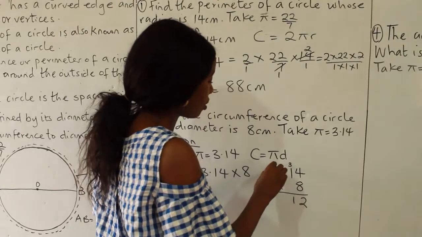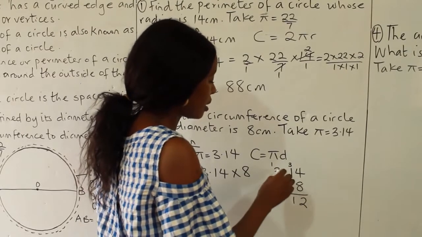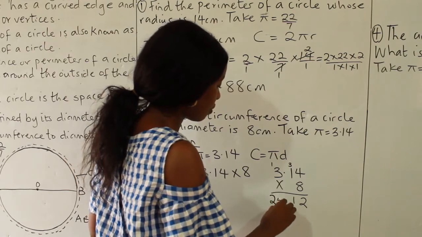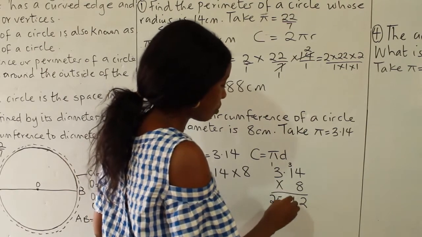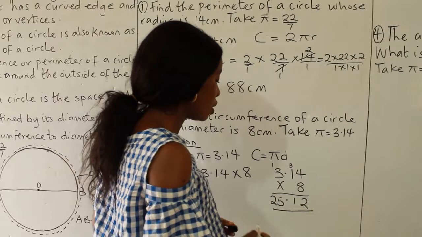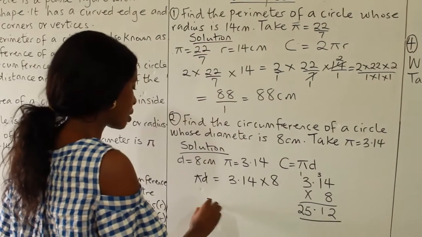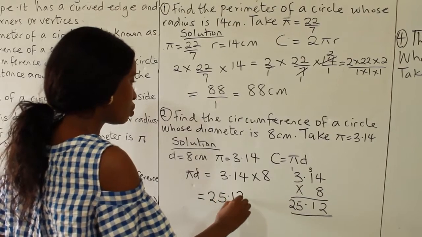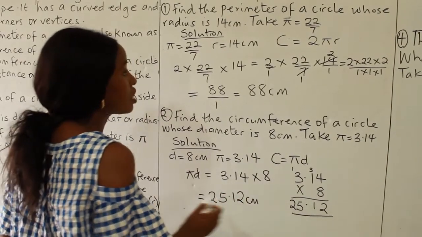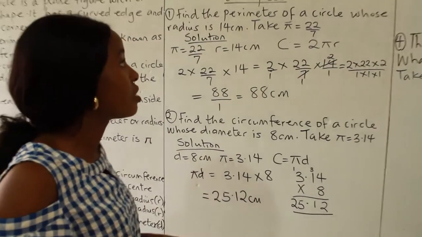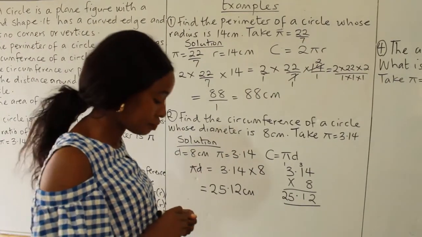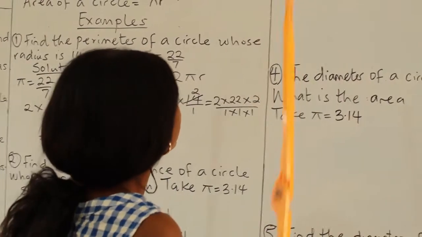I write 1 and carry 1. 8 times 3 is 24. 24 plus 1 is 25. This is my decimal point. My answer is 25.12 centimeter.